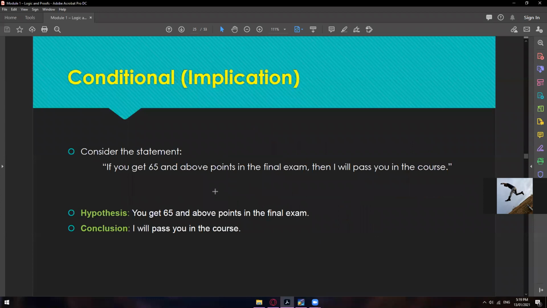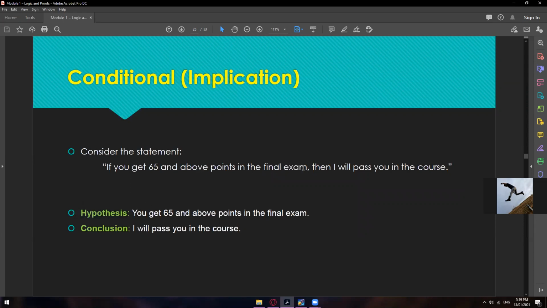So moving on, we have here the conditional or implication. We already discussed the conditional earlier. Okay, this is the one that uses if and then. Okay, so we have here a statement. If you get 65 and above points in the final exam, then I will pass you in the course. So in here, the first statement is, if you get 65 and above points in the final exam, this is our hypothesis.